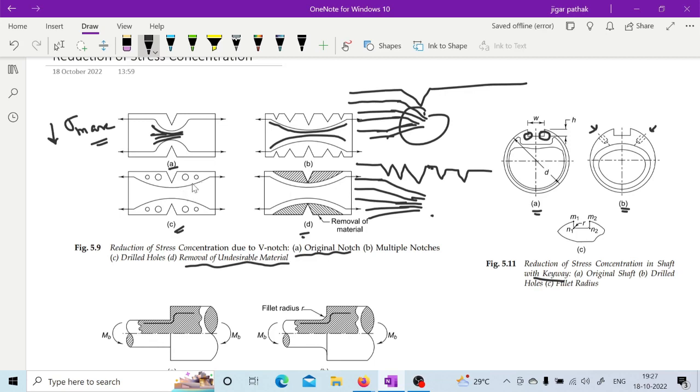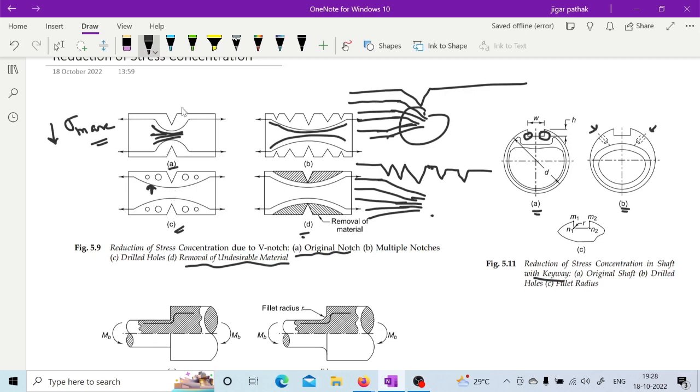It may happen that stress may go up in this region also by providing this kind of hole, but whatever the rise in stress is, it is still less than the yield stress or ultimate stress, so that our material is not going to fail. Are you getting what I am trying to say?